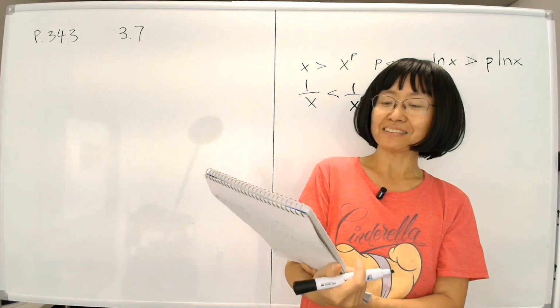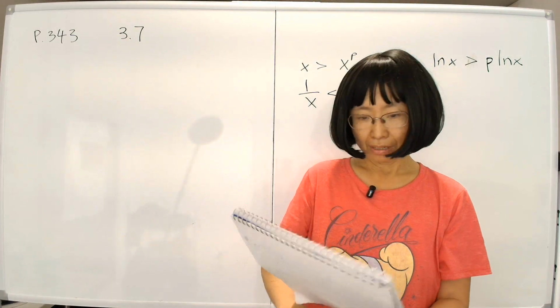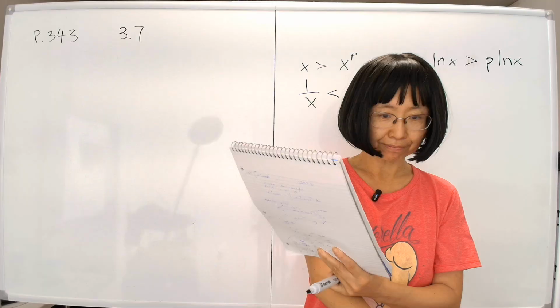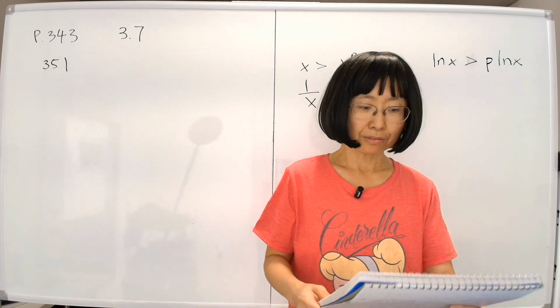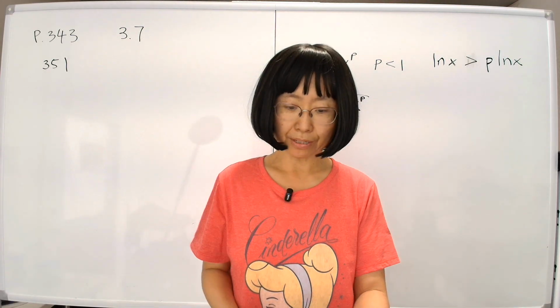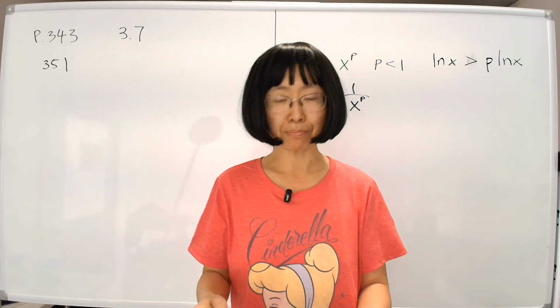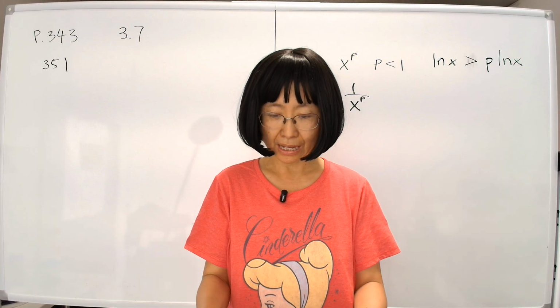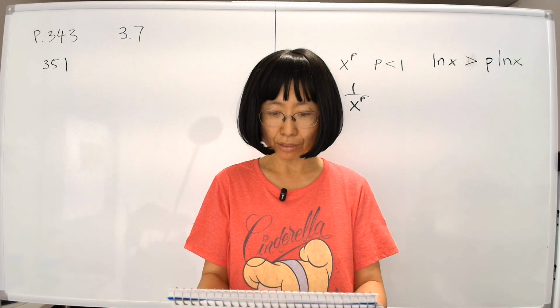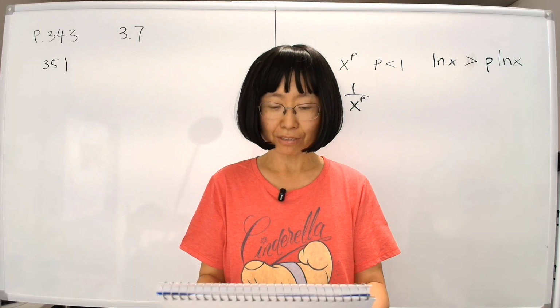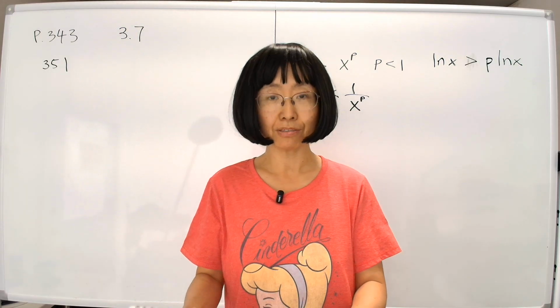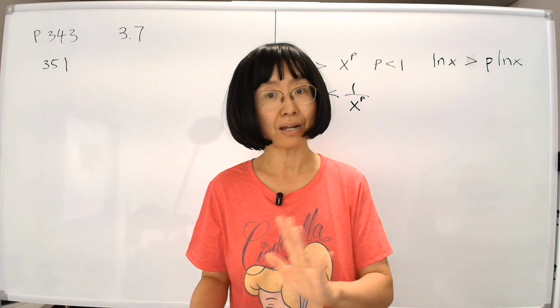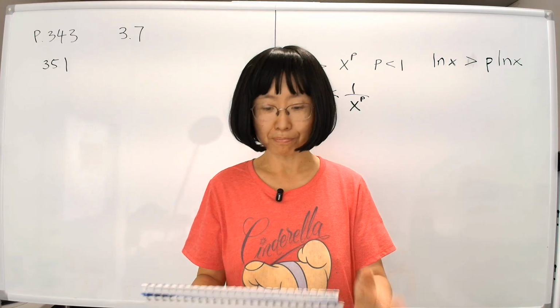Next, let's look at problem 351. We're integrating x e to the power minus x from 1 to infinity. To do that, we are going to apply Rule 42, which is a direct application for when you have x to the power n times e to the minus x.